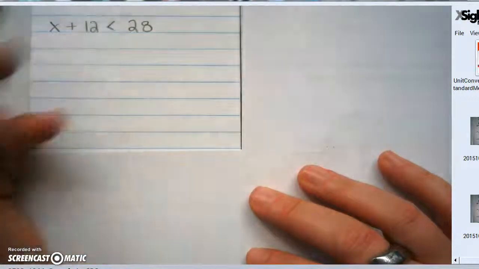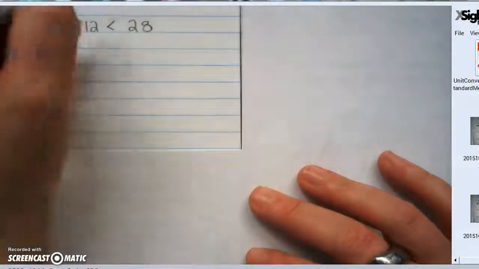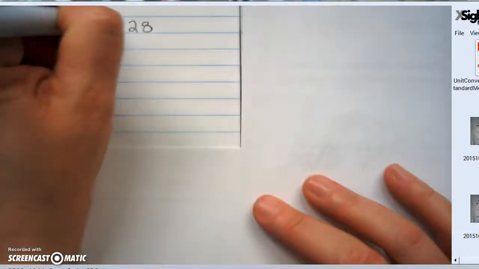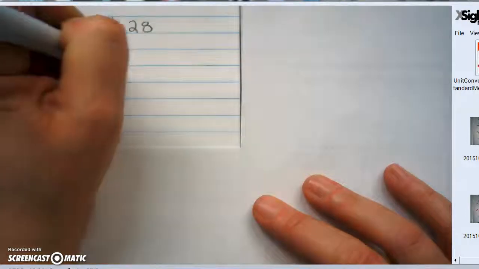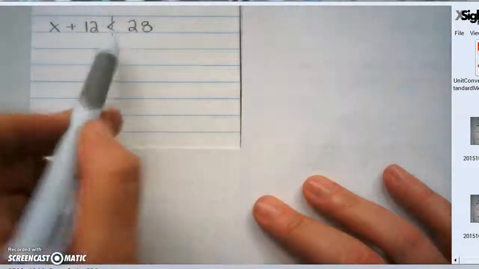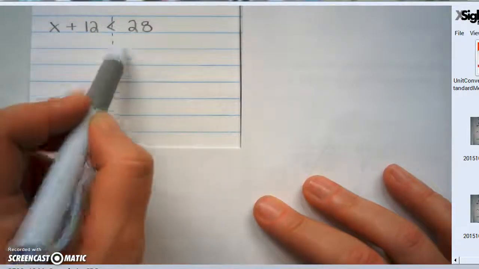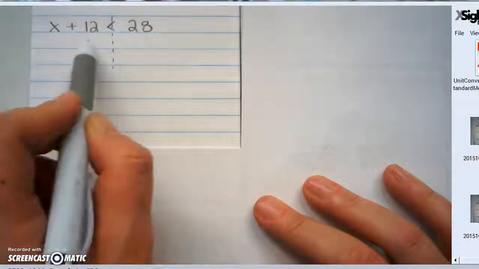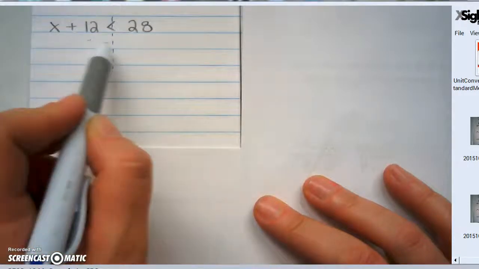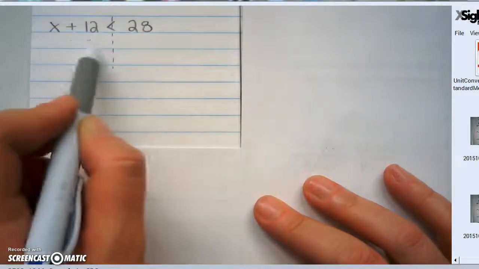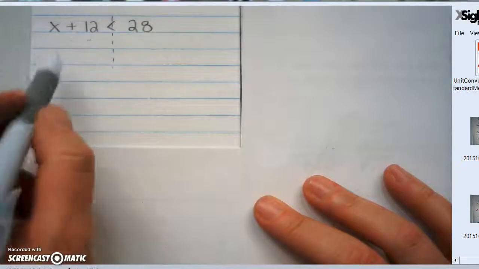Now, inequalities behave a lot like equations. And in class, we've shown, just like we would do with those equal signs, making a line that goes through the inequality sign. And that's to help remember that you have to do the same thing on both sides of the inequality, just like you had to do the same thing on both sides of the equation.